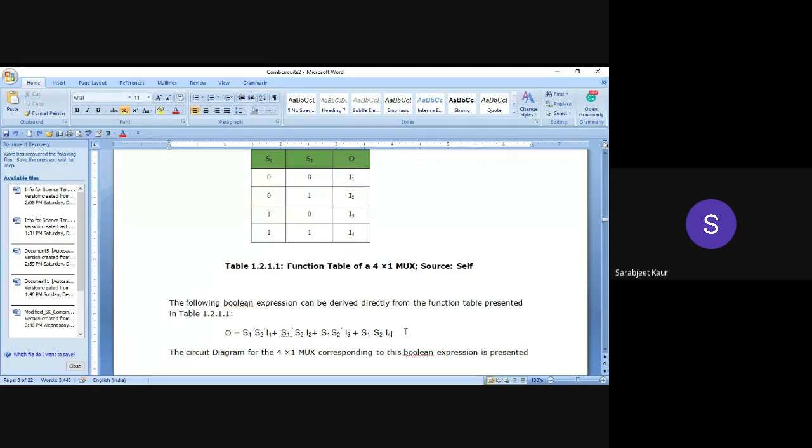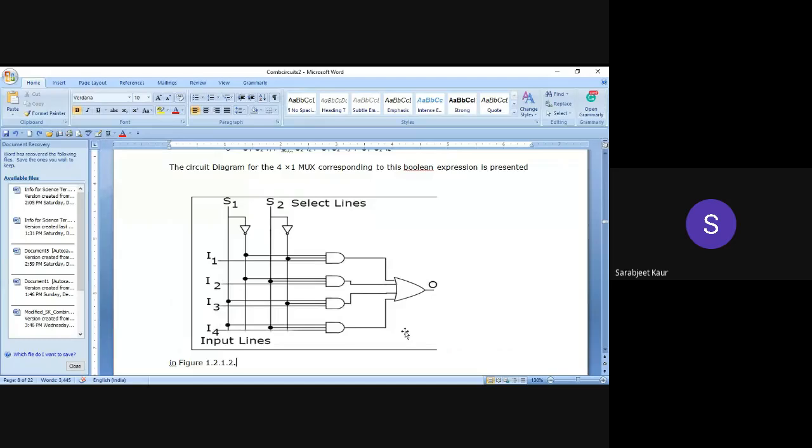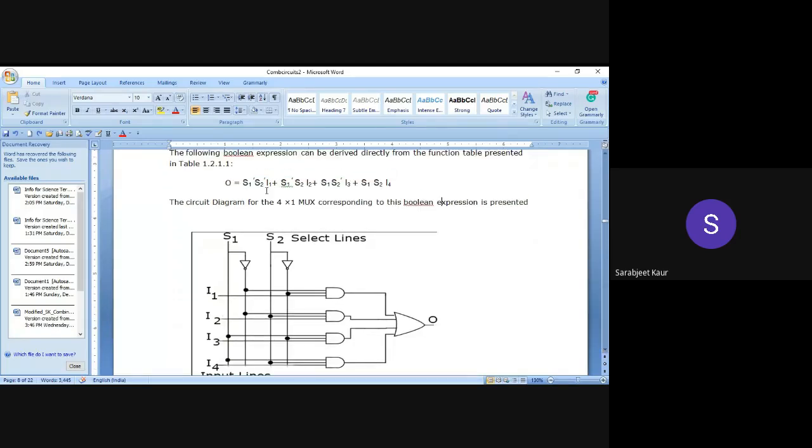And after that, what do we need to do now? The last step, that is drawing of the circuit diagram. Okay, so this has no complexity. As you can see, it is simply the implementation of the Boolean expression that we have derived. So S1 dash, S2 dash, I1. S1 dash means we put a negator in front of S1, and S2 negated.